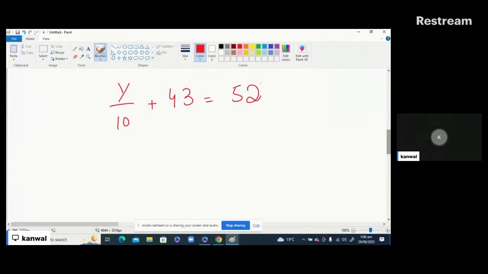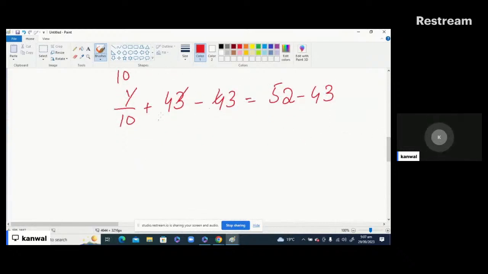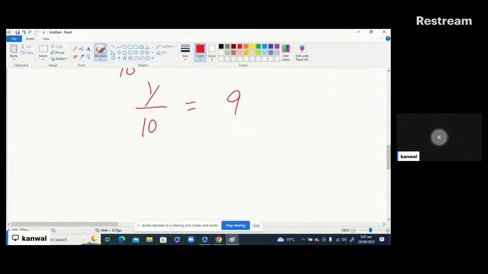We just simply cancelling this 43. So here plus 43 subtract with minus 43 on both sides. So in that side this is cancel out, only y by 10 is left. And in this side what's the answer? 52 minus 43 is 9. Now look at here.